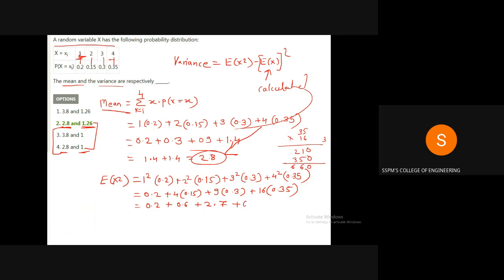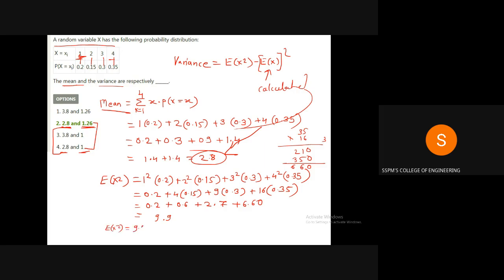Okay, so the answer will be 5.60. So now we will add them. 0.2 plus 0.6 plus 2.7 plus 5.6, so we have 9.1, and so on. So we have 9.9. So E of x square is equal to 9.9.